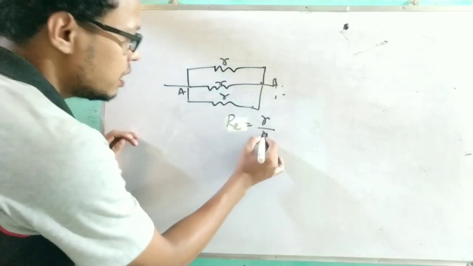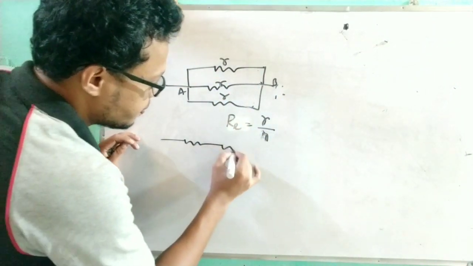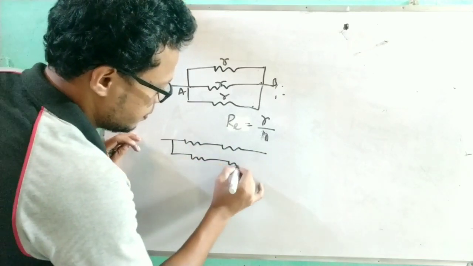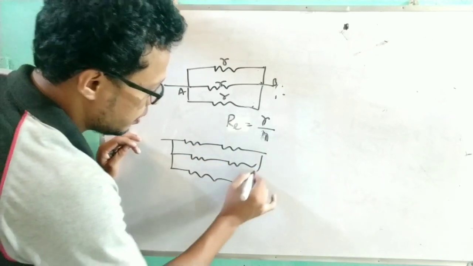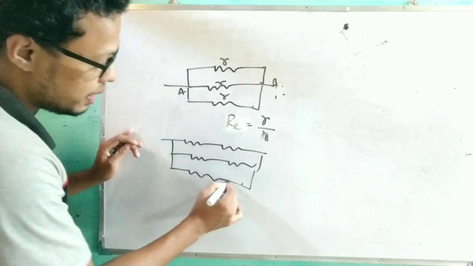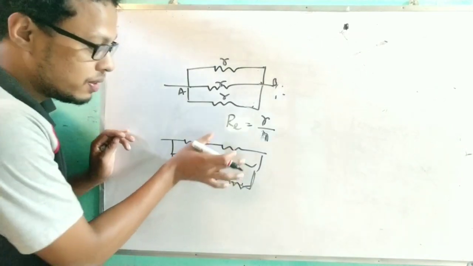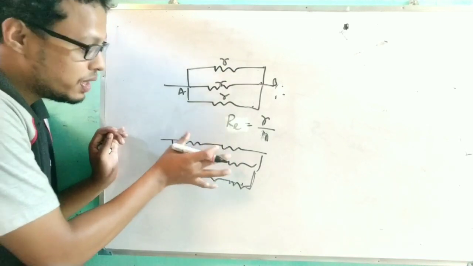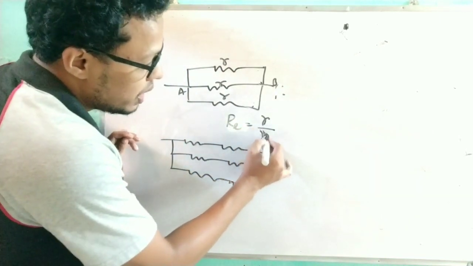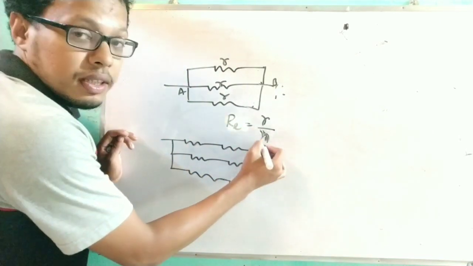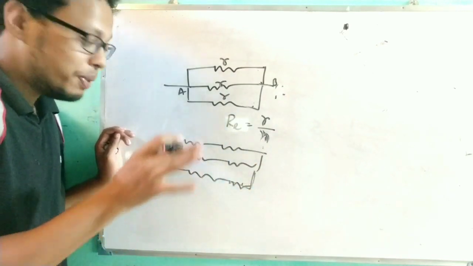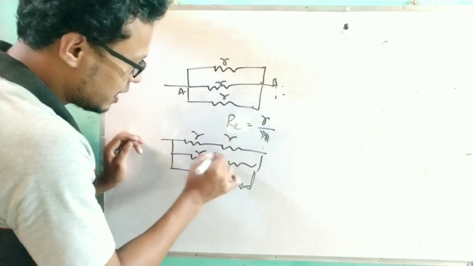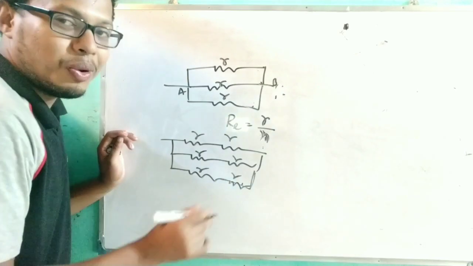If I give this circuit, then what will you write? See here also, but here you can't say the number of resistors is 3. Your total number of resistors is 6. But you don't put N equals 6. Okay, but you have to give, suppose this is R, R. What you have to write?